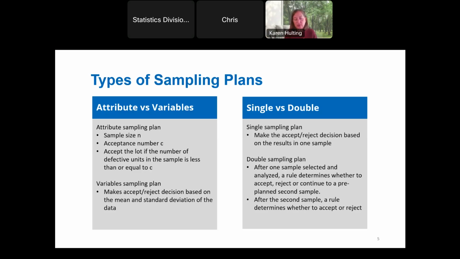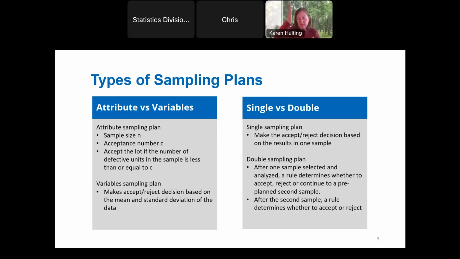Then you can decide to use what's called a single sampling plan, where you take one sample and make a decision. You can also do what's called multiple sampling. The most common of those is a double sampling plan, where you plan ahead for the possibility of taking a second sample if the first sample is not conclusive, right?